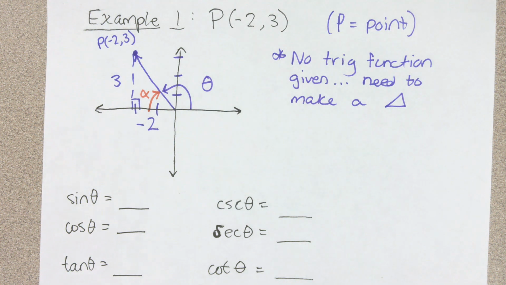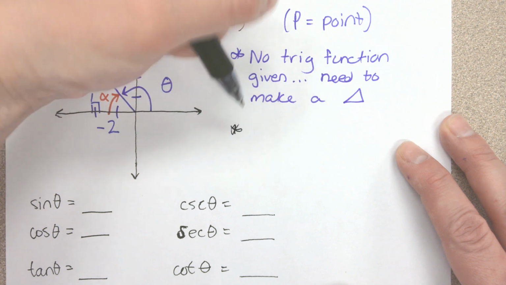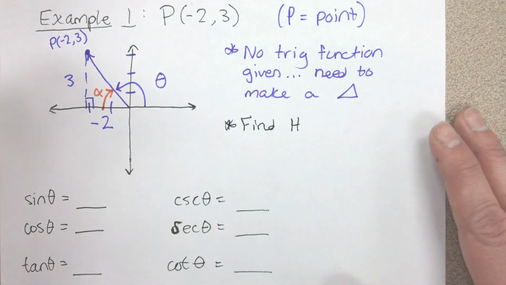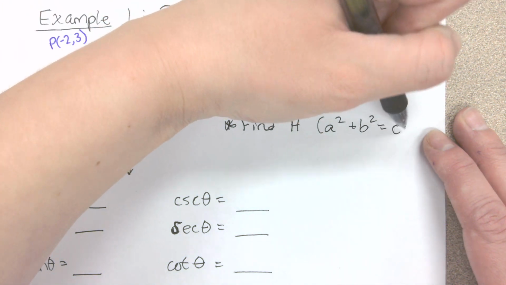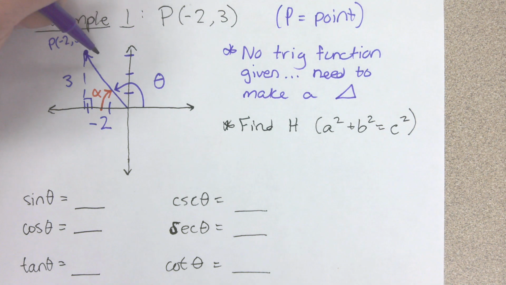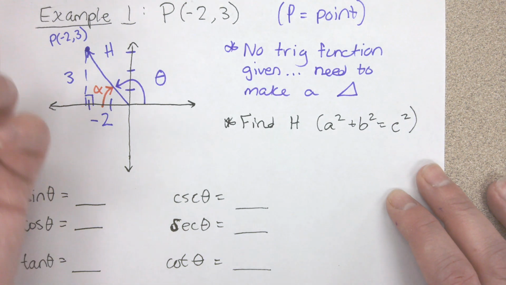We use Pythagorean theorem. H, the hypotenuse, our missing side here. So what am I solving for, A, B, or C? C. Yep. C is always hypotenuse.